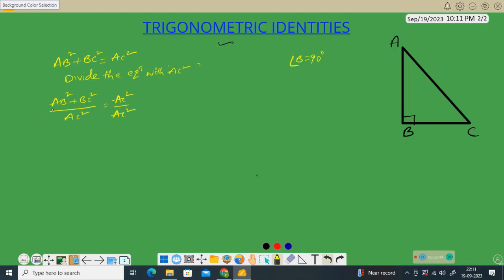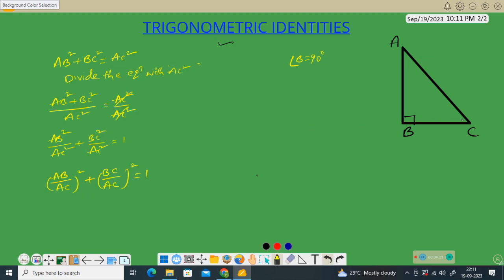In the LHS, separate the denominator AC square for both numerator values: AB square by AC square plus BC square by AC square is equal to, in the RHS, AC square cancels, giving 1. So AB by AC whole square plus BC by AC whole square is equal to 1.